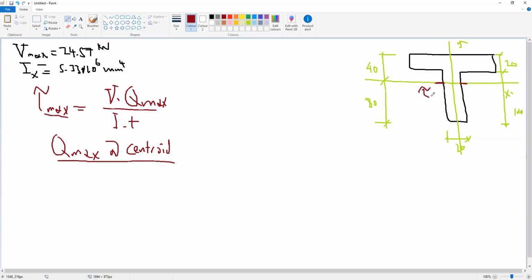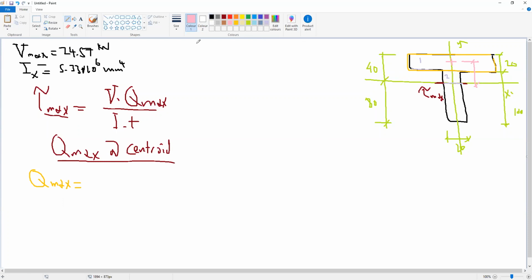Tau max will be at the centroid and will be here. So to find Q max, we will have these two areas, area 1 and area 2. Okay, so we need to find Q max, which will be the moment of area for this yellow area, this area multiplied by the distance from the centroid of this area to the centroid of the whole section.